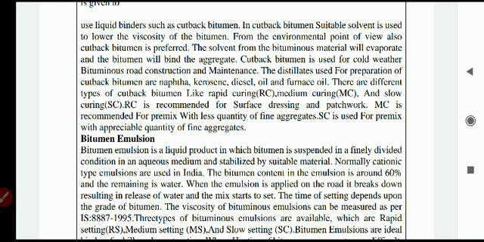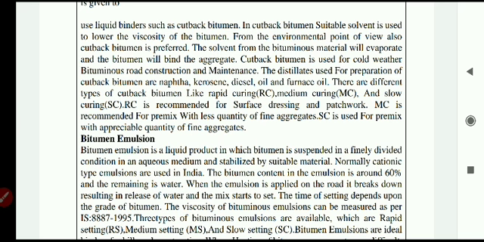Some additive is added so that we can easily handle the bitumen across various temperatures, without disturbing its chemical property.